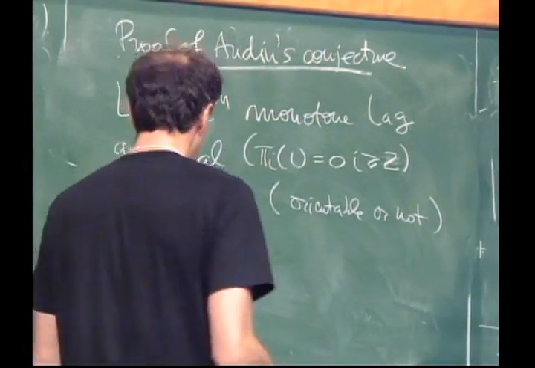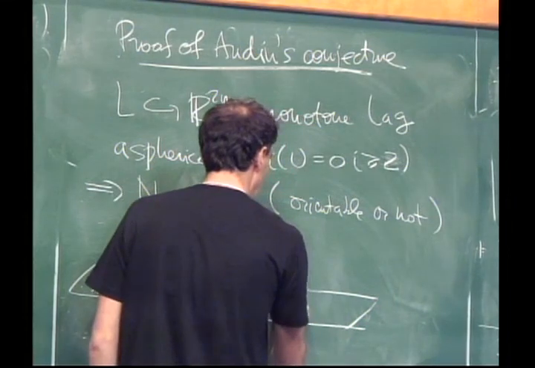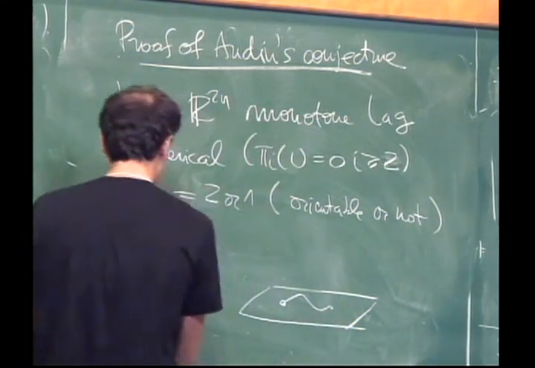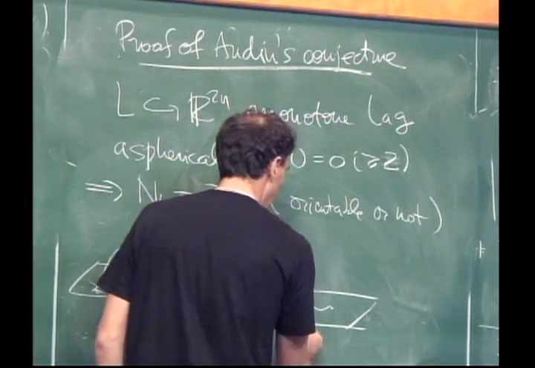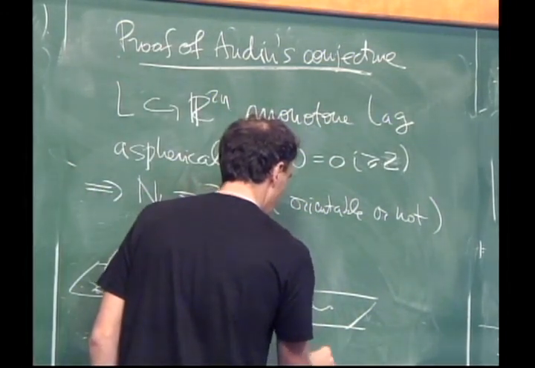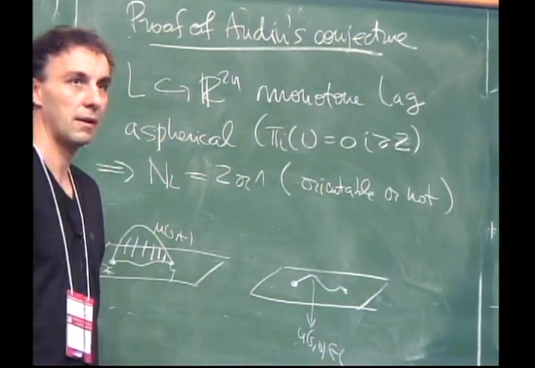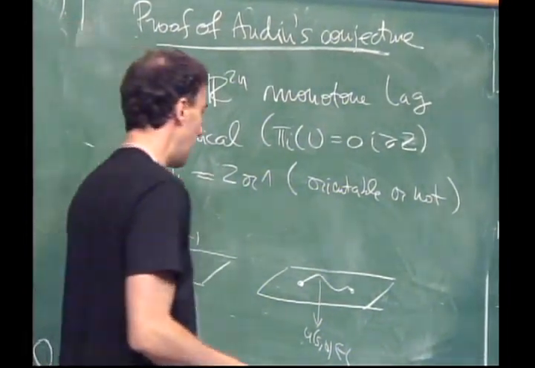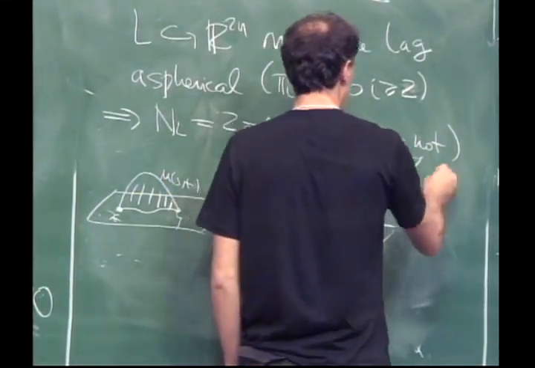Now what you do is you forget about everything which doesn't lie on L. So for this kind of holomorphic strip, u(s,t), you only consider this path u(s,0), which is a path in L.